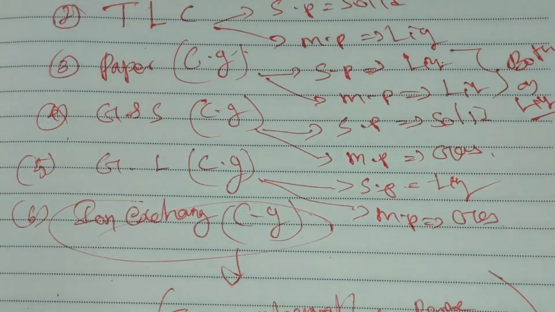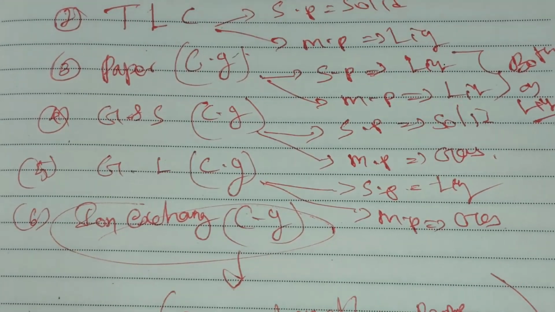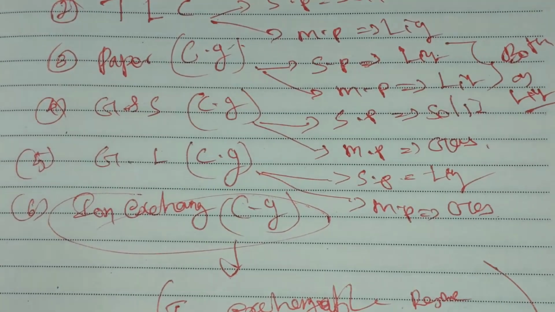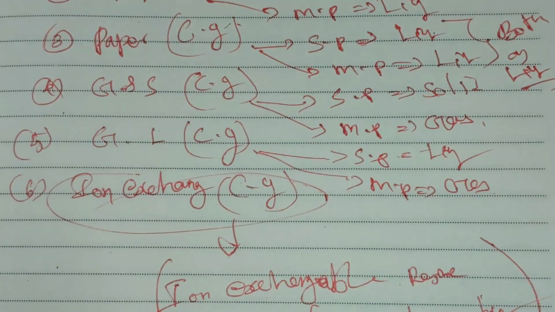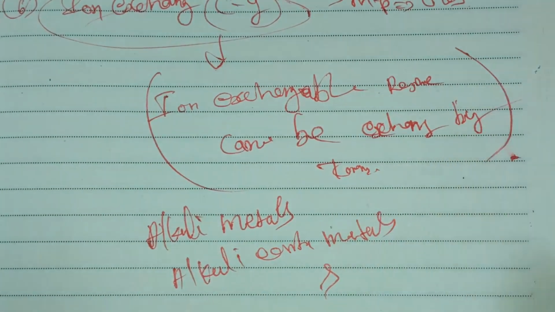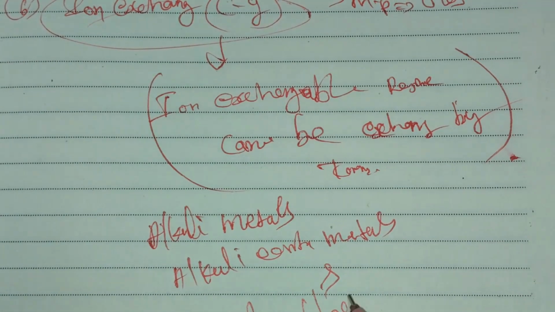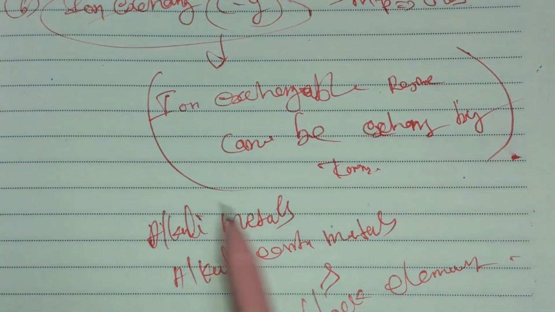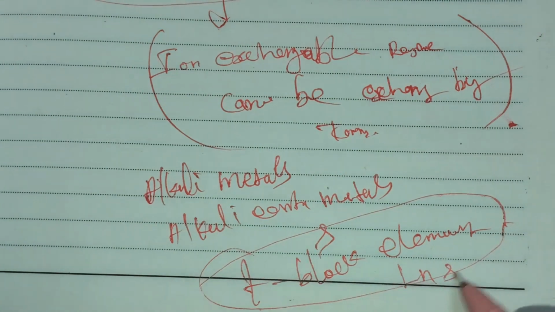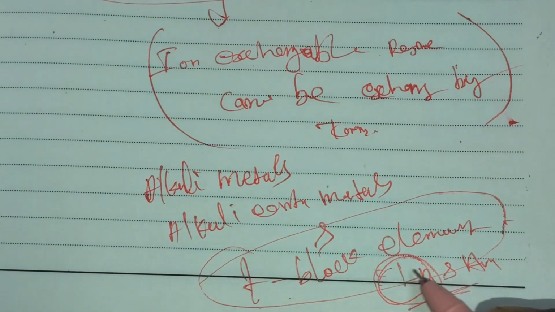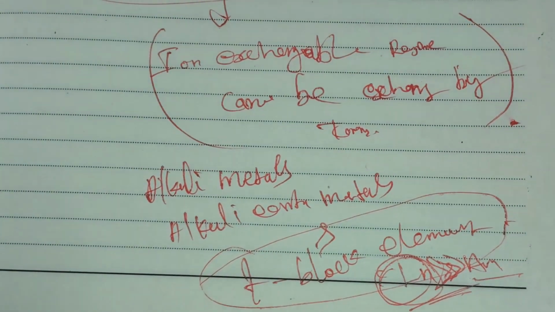For example, alkali metals and alkali earth metals, as well as rare earth metals of the d and f block elements, especially f block elements. These are all separated by ion exchange chromatography, especially the lanthanide elements as well as actinide elements. Lanthanide elements are separated much more than the actinide elements.